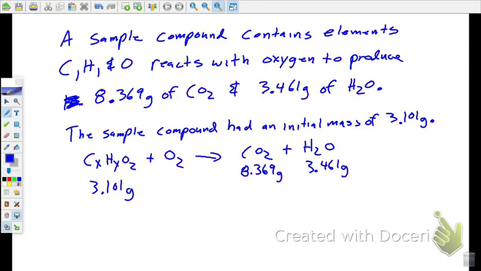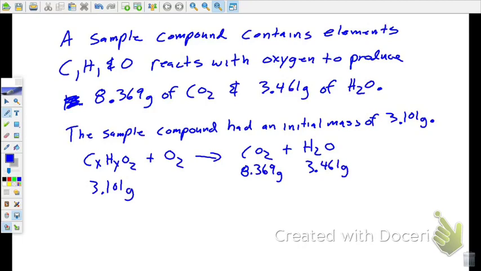What's missing information that we're not going to have to worry about is the amount of oxygen right now, because the oxygen in this compound we'll be able to find by finding the carbon and hydrogen percentages.